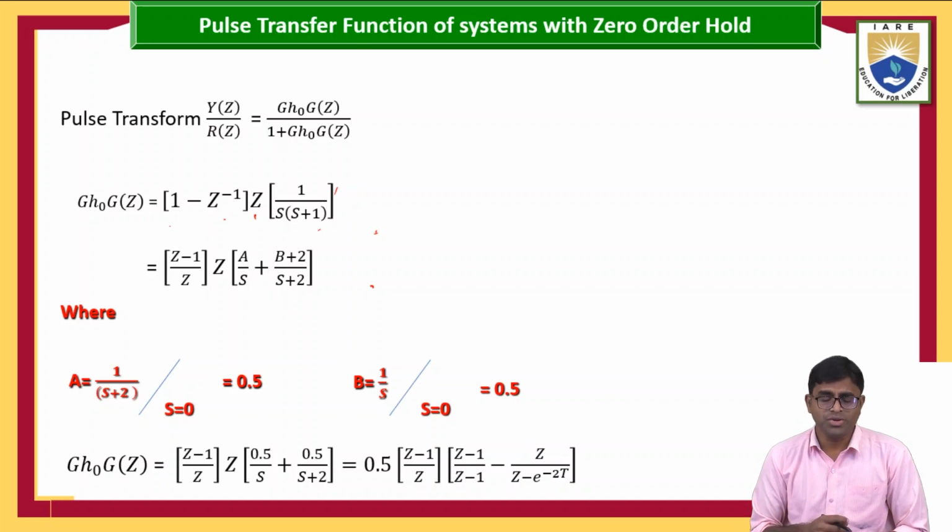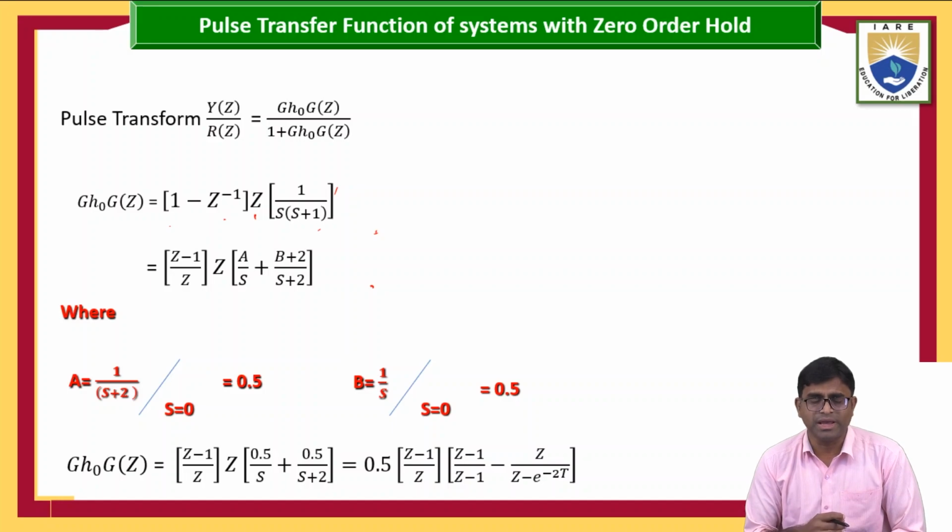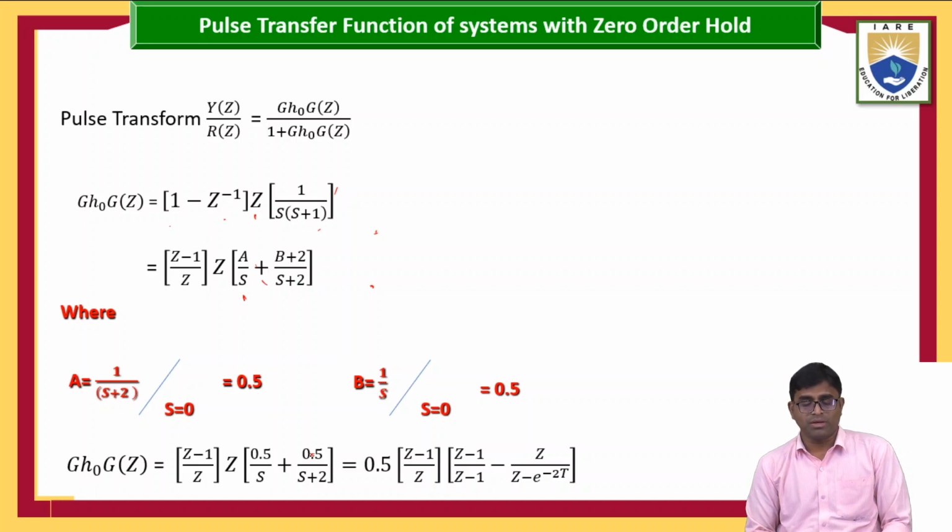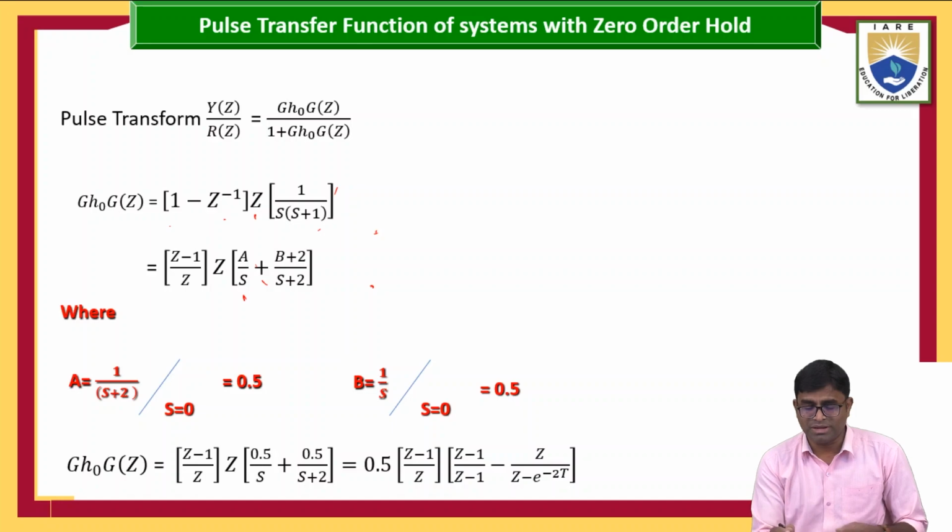In finding the A and B values, we substitute the given function. So z minus 1 by z into A by s plus B by s plus 2. Here we got B as 0.5. Substitute this here, B as 0.5, and we get the expression for this.